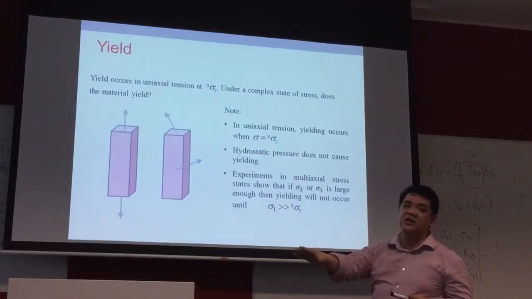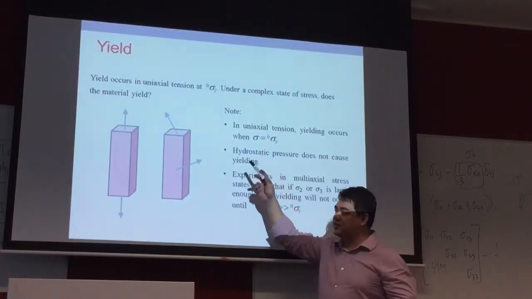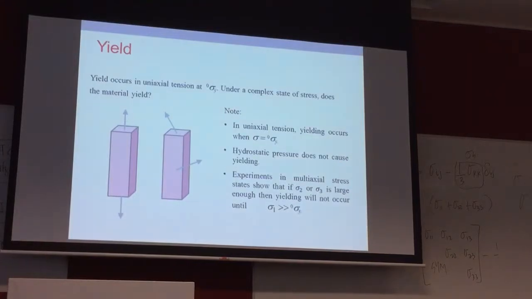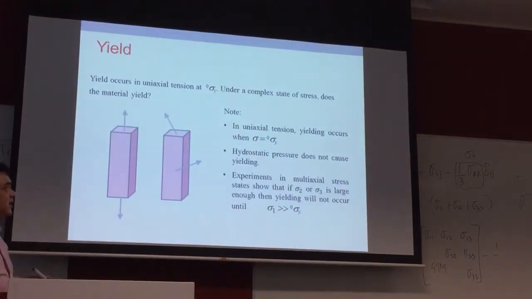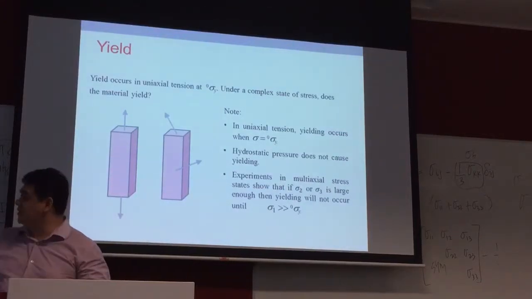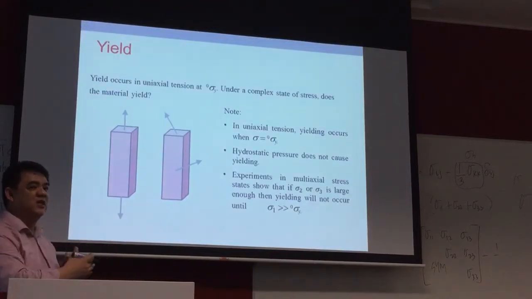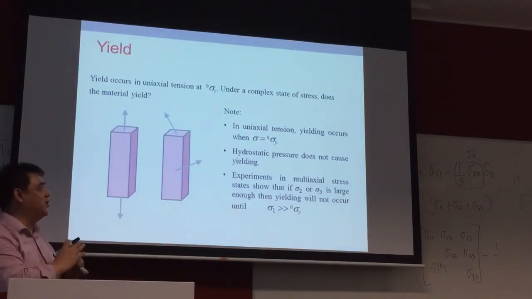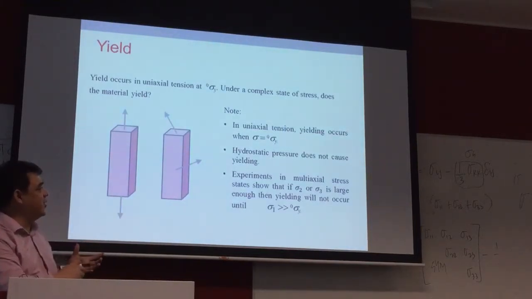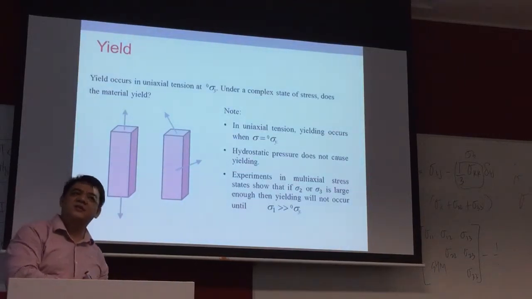Since I'm using the notations from your notes, this means that when your stress reaches your yield strength, then your material will yield. The question is, what is your stress? In our case, our stress is the von Mises stress. So when the stress reaches the yield stress, then you know that your material has yielded. Hydrostatic pressure does not cause yielding. How about that? Why is that so?